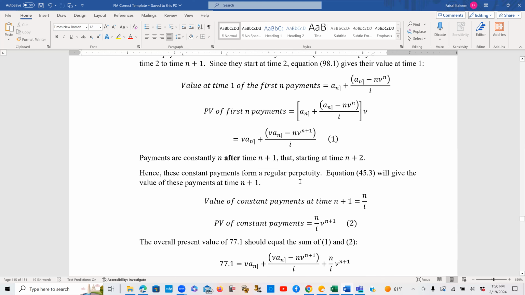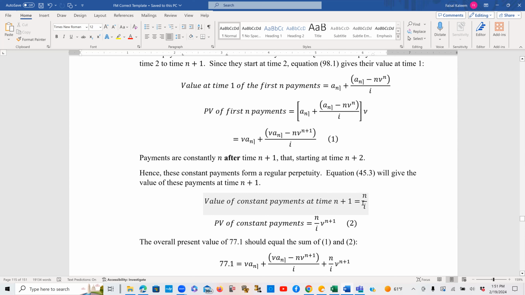So these constant payments are now a regular perpetuity, and therefore the equation for a regular perpetuity, 5.3, you can review lesson 5 if you need any review on that. That gives the value of these payments 1 period before the first of these, because equation 5.3 was about a perpetuity immediate. And that equation said that the present value of a perpetuity immediate is first payment divided by i.